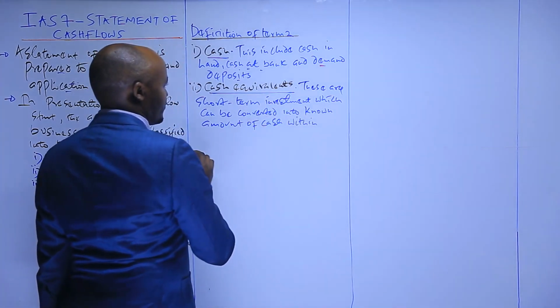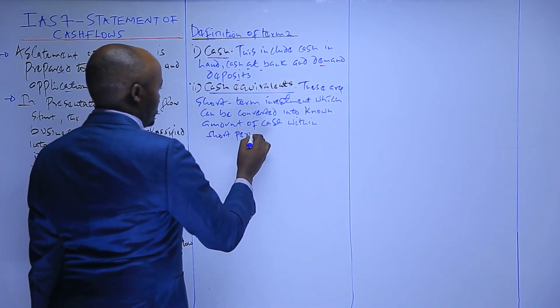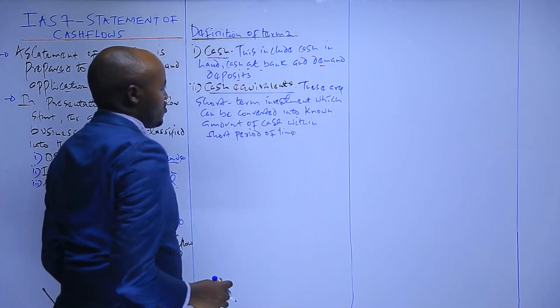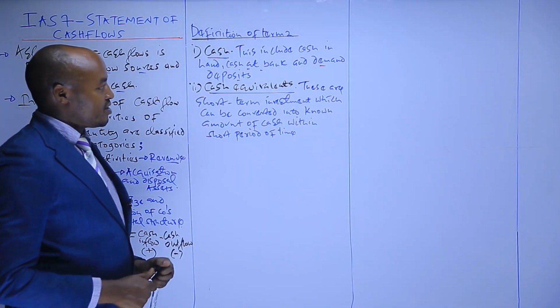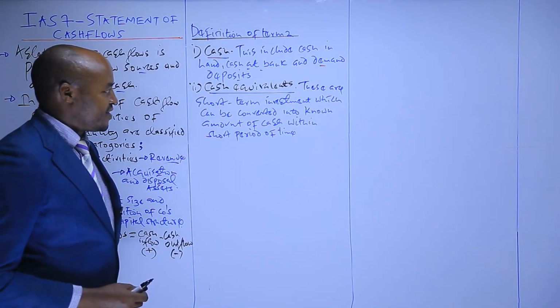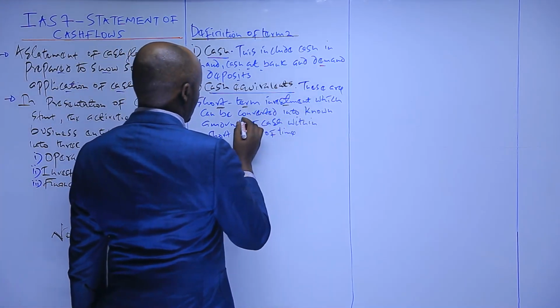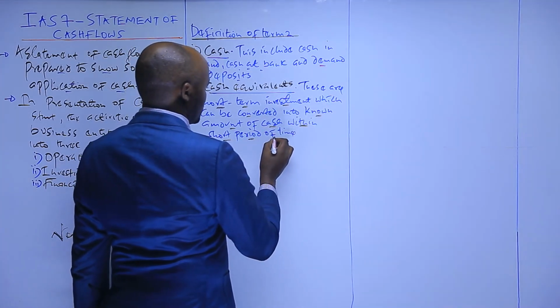What is a good example of a short-term investment which can be converted into a known amount of cash within a short period of time?